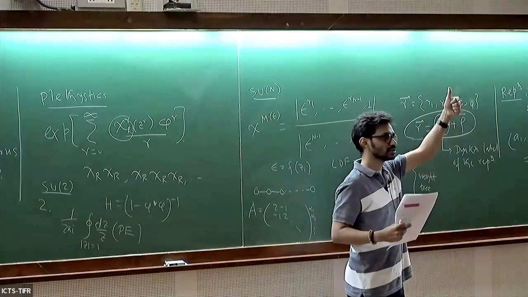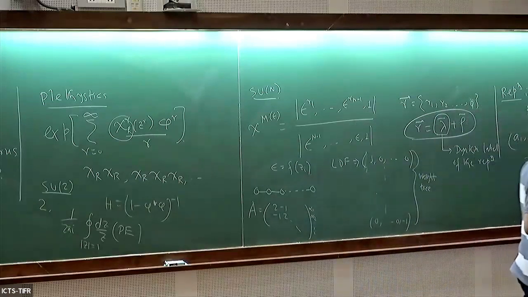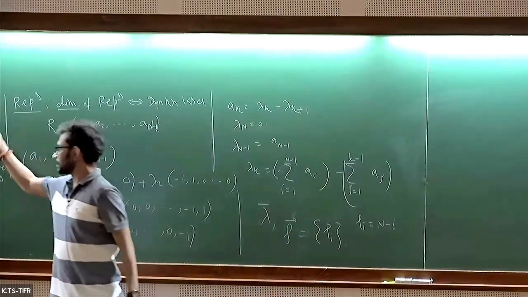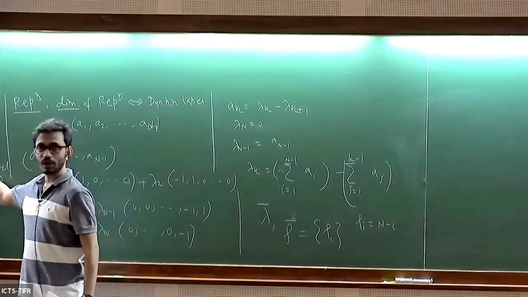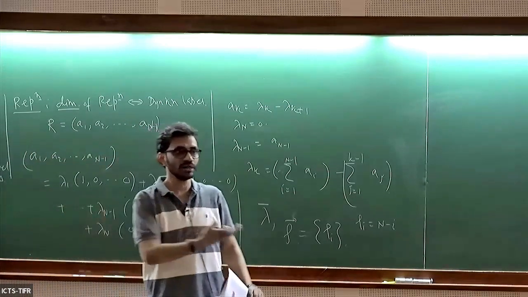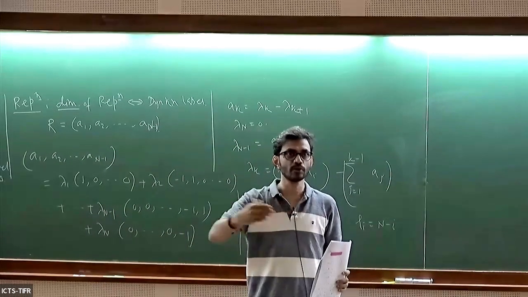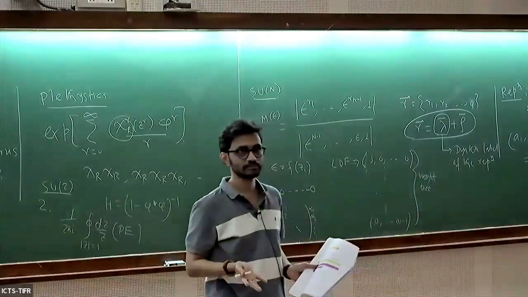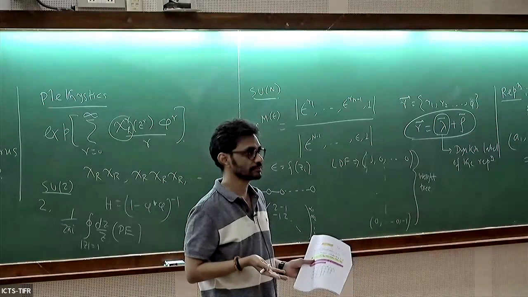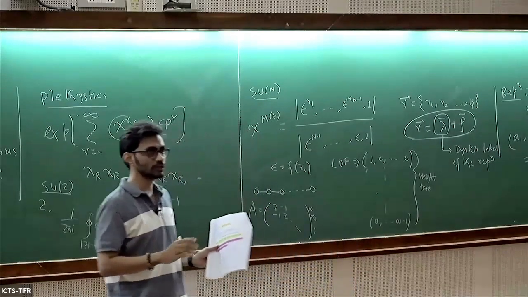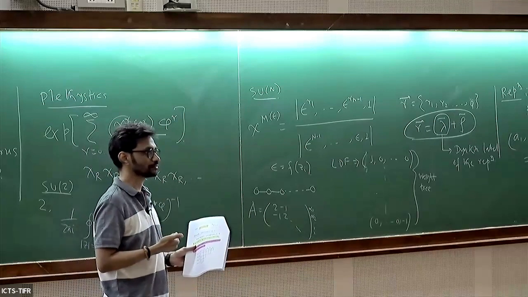Just think about it: you are given this Dynkin level, from there you calculate the lambda, and from the lambda you just plug in, because irrespective of the representation you know what rho is for this given group, and you get the R vector. Once you get the R vector, you know R1, R2, R3. Once you know them, you put them in this formula and you get the character function. As simple as that. Do you follow the logic? If you do not, please let me know.